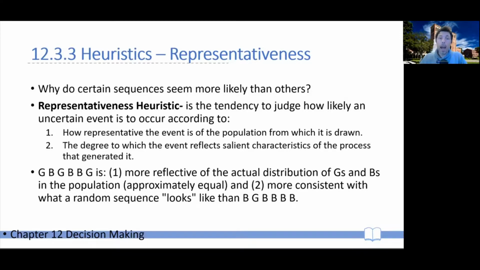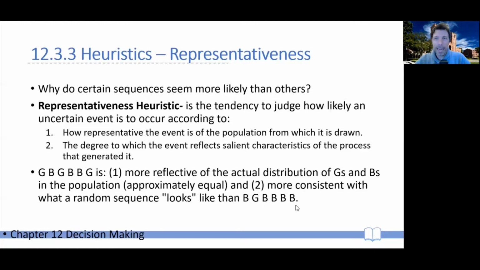Second, the first sequence is also more representative of what a random sequence should look like. A random sequence feels like it should have almost even numbers of the possible outcomes. So the first sequence, GB, GB, BG, kind of has that expectation in it. The second sequence, B, G, B, B, B, B, feels like you shouldn't get something like this just by chance. It almost feels like there's something else going on that is causing every birth to be a B, instead of having a mixture of Bs and Gs.